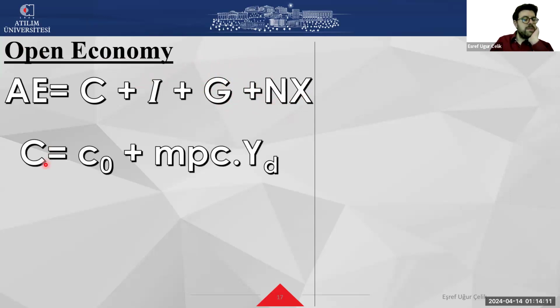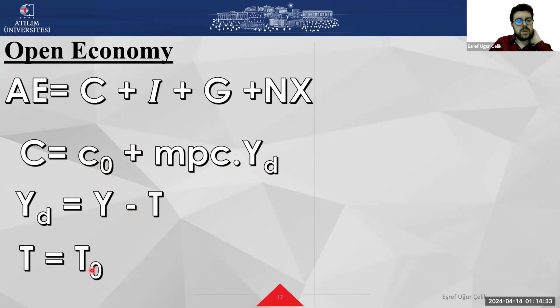This is the consumption function. This is the autonomous consumption plus marginal propensity to consume multiply disposable income. Disposable income is equal to total income minus net taxes. And net taxes is equal to autonomous net taxes.